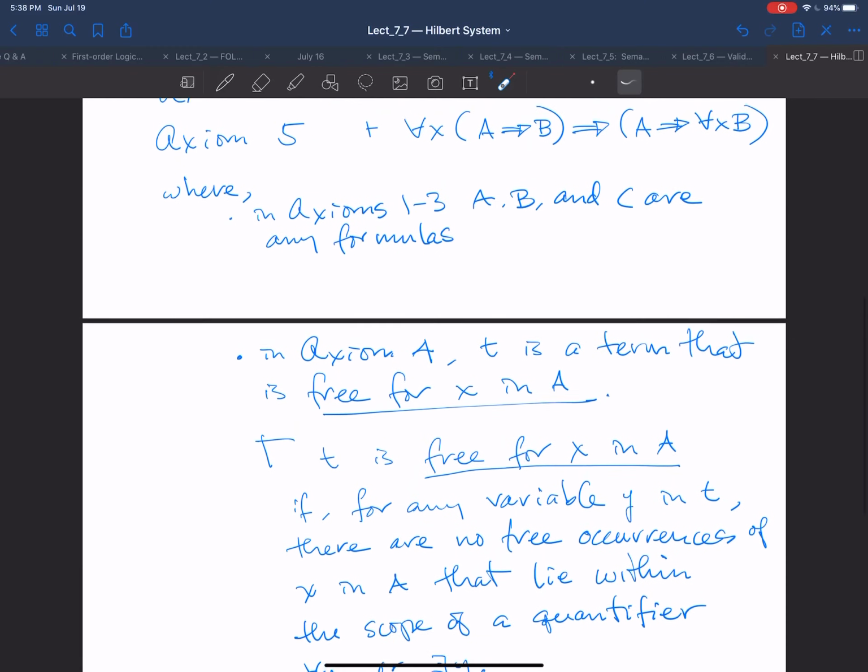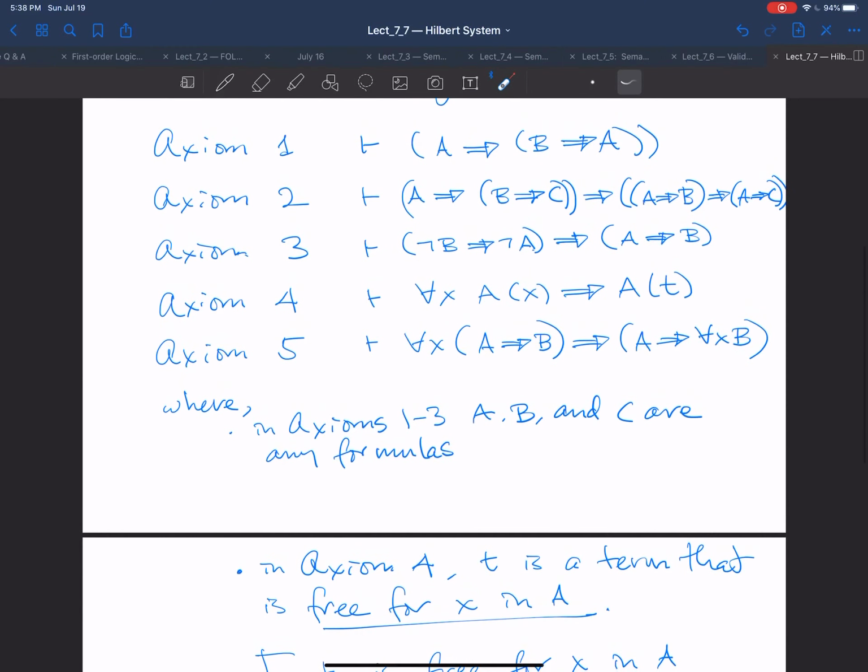So again, in axiom 4, in this case we have the formula for all x A, and the consequent is the formula that you get by substituting for all free occurrences of x in A the term t.